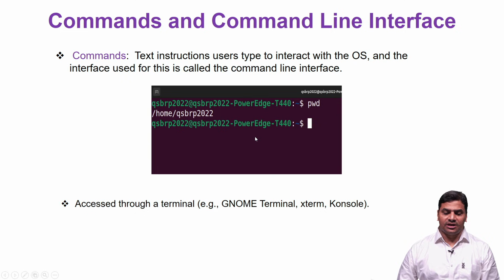Linux commands are text instructions given by users to interact with your operating system, which here is Linux. This interface on which we give the command line instructions is called the command line interface, and it can be accessed through the GNOME terminal, Xterms or console. You can see here a window which shows the prompt at the terminal.